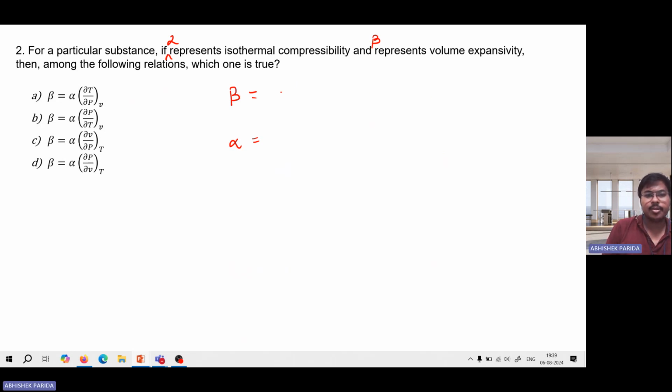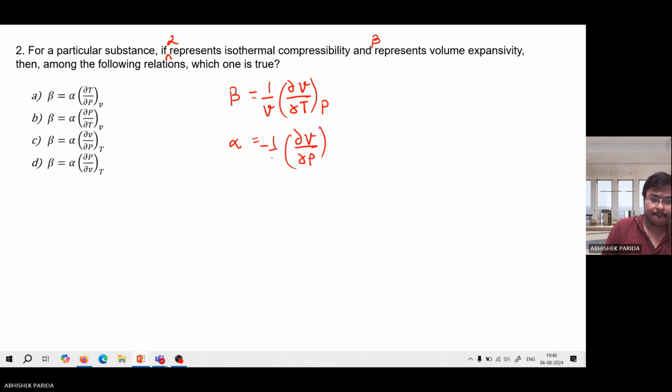So first of all, write what is beta. Beta is volume expansivity, that is 1 by V into dV by dT at constant pressure. And what is isothermal compressibility? That is minus 1 by V into del V by del P at constant T. Now just take the ratio of both of these.